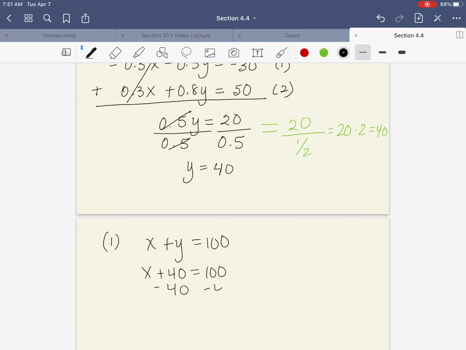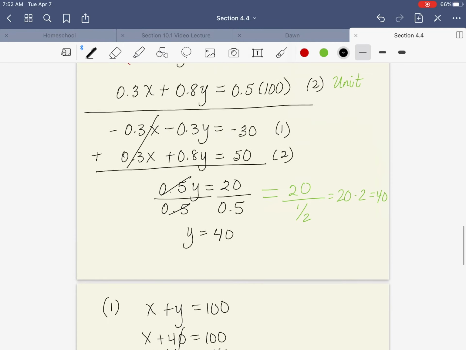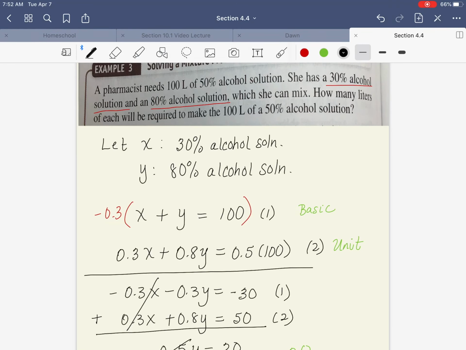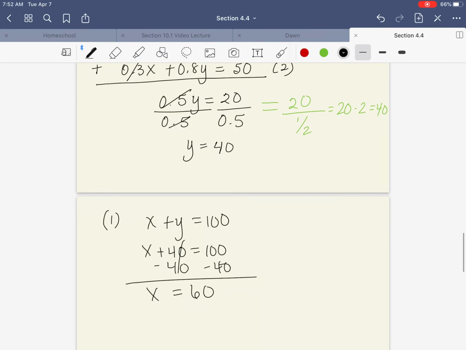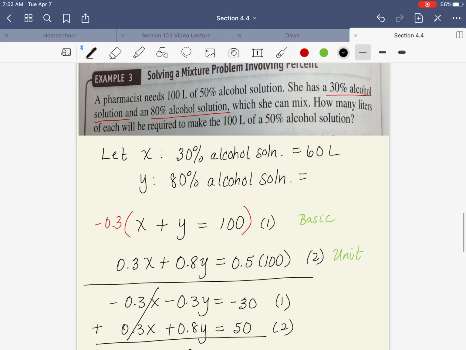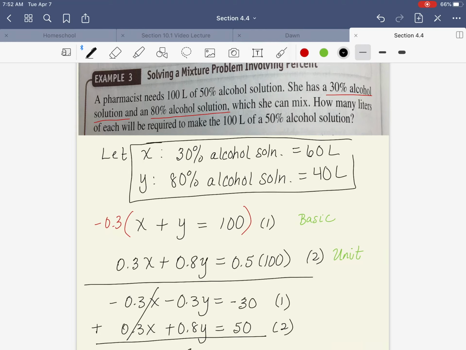Subtract 40, and you get x is equal to 60. All right, so that means we have 60 liters of the 30% alcohol solution and 40 liters of the 80% alcohol solution. And 60 plus 40 is 100, so we know we did it correctly.